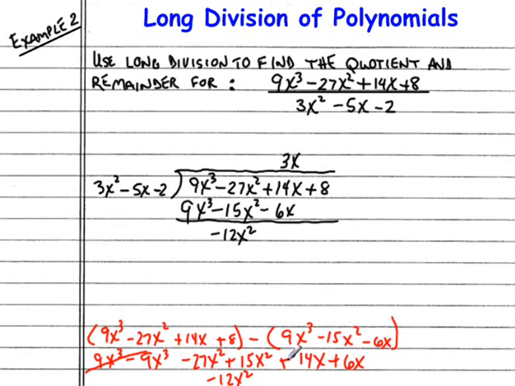So this subtraction actually creates 14x plus 6x, which gives a result of 20x. So that's the reason we would have a 20x in this position, and of course it's positive, so we say plus 20x.